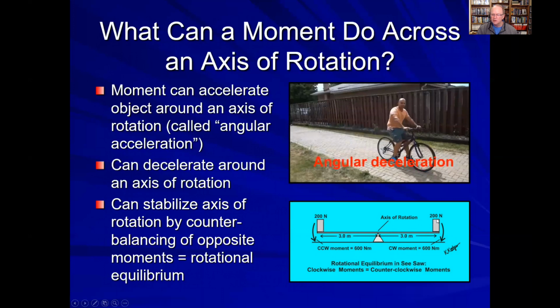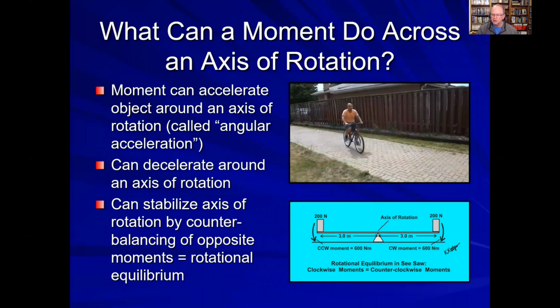And here we have 200 newtons working across a 3-meter moment arm, causing a clockwise moment of 600 Newton meters. These two exact and equal but counter-opposing rotational forces or moments or torques are causing stability at this seesaw.